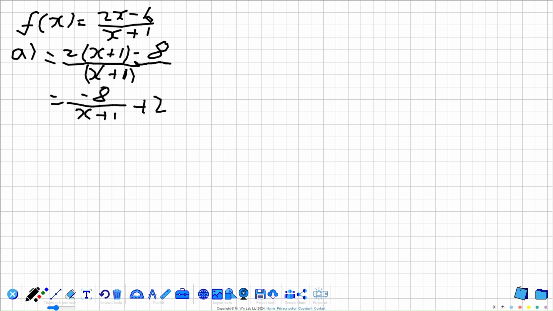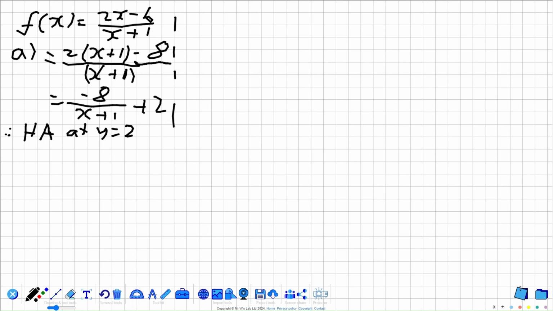And so what we can infer from this is that we have a horizontal asymptote at y equals 2.